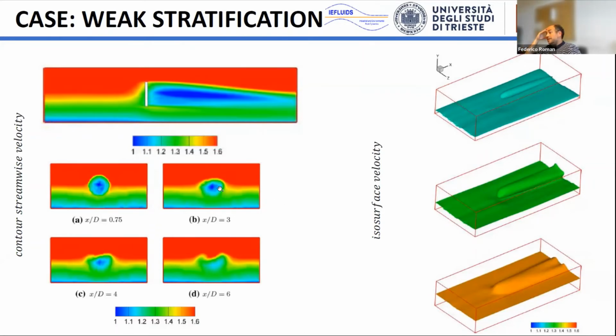This also determines that if we consider a source of kinetic energy, and this kinetic energy cannot be transferred in the vertical direction, it tends to spread in the horizontal direction, giving rise to changes in the velocity field and also in the turbulent intensities.